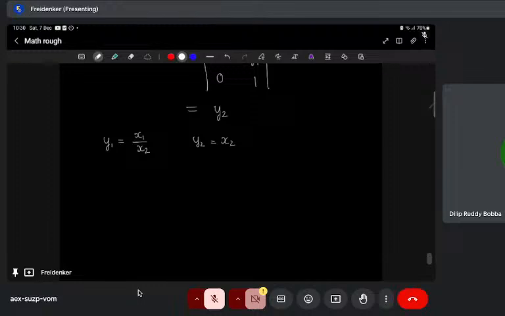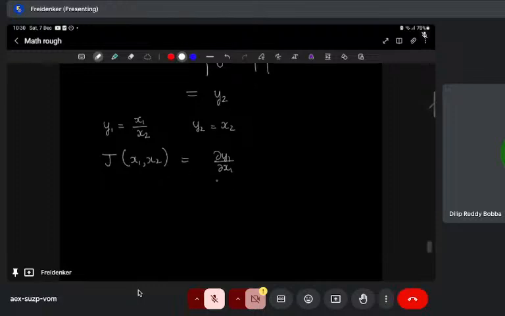So we will find the Jacobian x1, x2 as well. So what is this? This is just dou y1. In the first column you differentiate with respect to x1, and in the second column you differentiate with respect to x2.